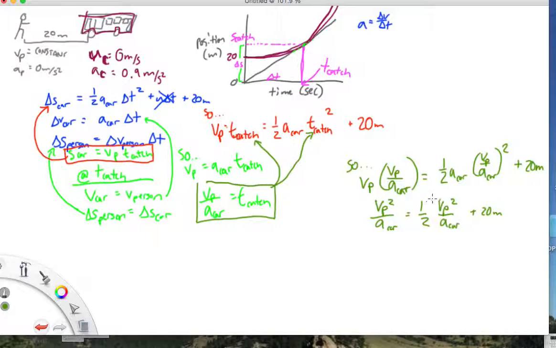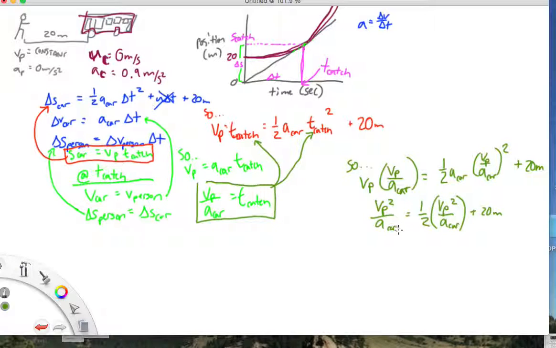So it's going to be 1/2 times this value right here. Make sure you follow that. Okay. Now to do the next step, you just need to subtract 1/2 VP squared over a car.